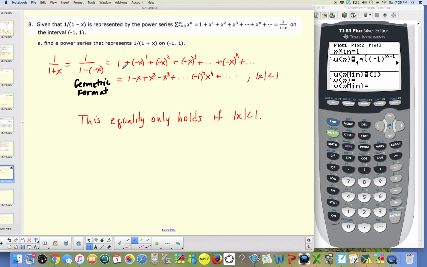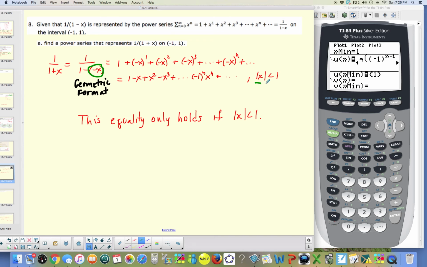And remember this represents our r. So our first term is right here, which is 1, and we're going to take this r to the first power, the second, and third. You can even think about this being to the 0 power. That's why we get the 1 here. So this is the representation for this function as a power series, and if you want to simplify it, it'll look something like this.